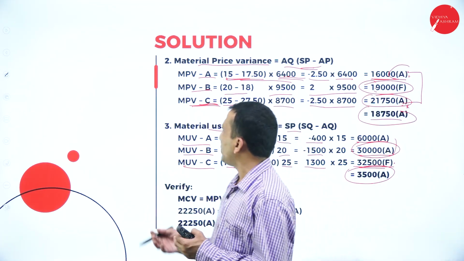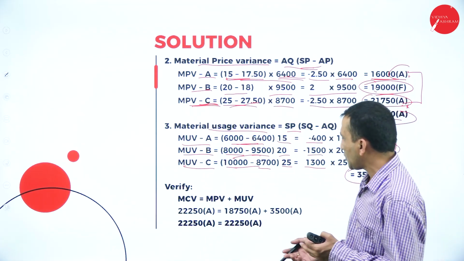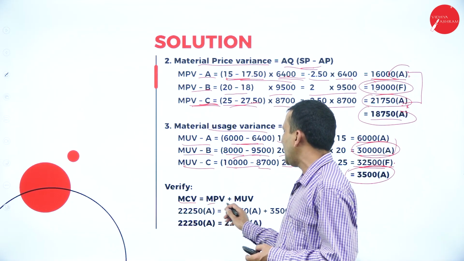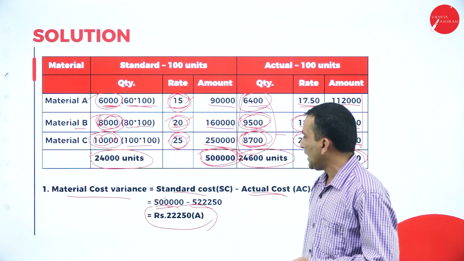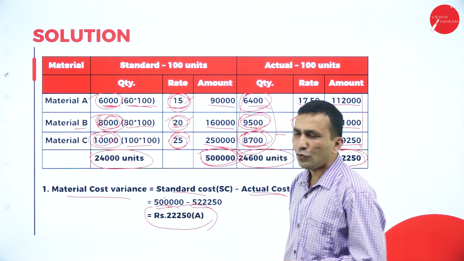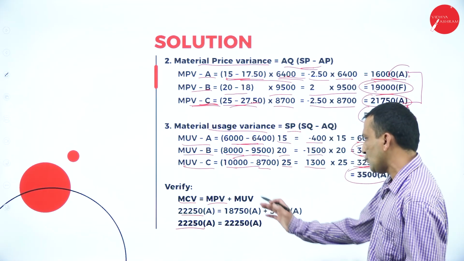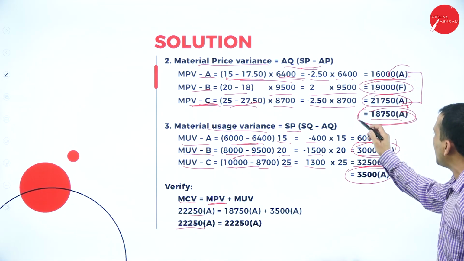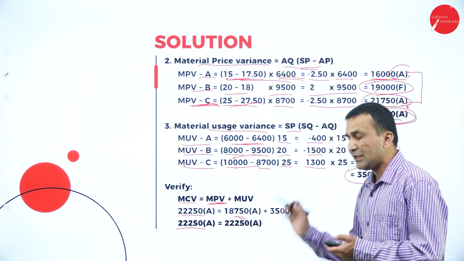Once we have calculated the material price variance and material usage variance, we need to do the verification. Material cost variance is equal to material price variance plus material usage variance. Just now we calculated the material cost variance as 22,250 adverse. Under material price variance, we got 18,750 adverse.